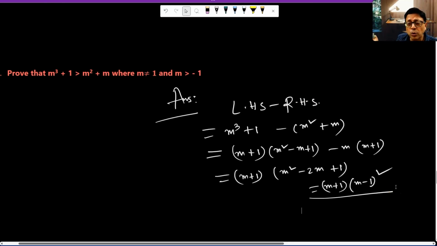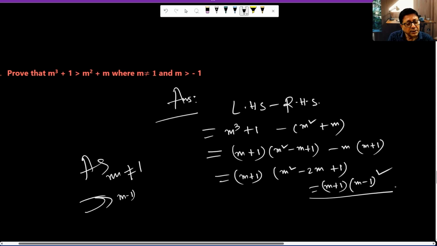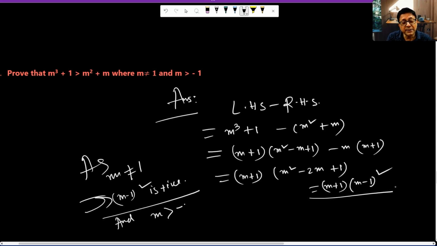So, there is no scope of getting m minus 1 as 0. As m not equal to 1, m minus 1 whole square is positive. Definitely positive. And m greater than minus 1 implies m plus 1 is positive.